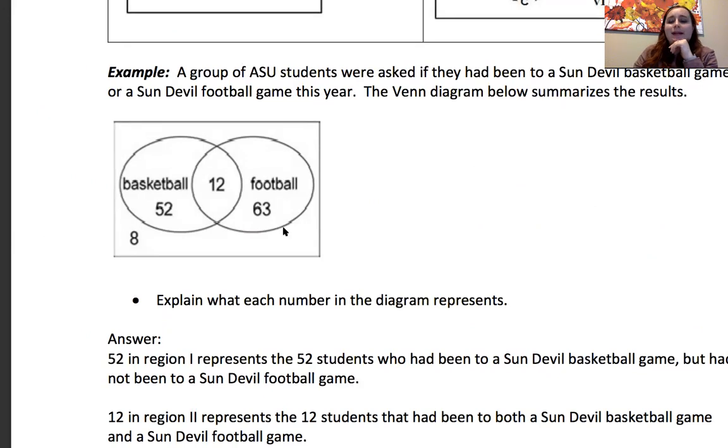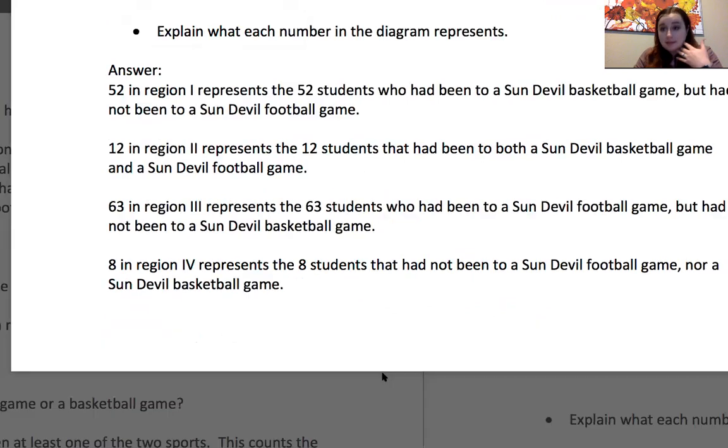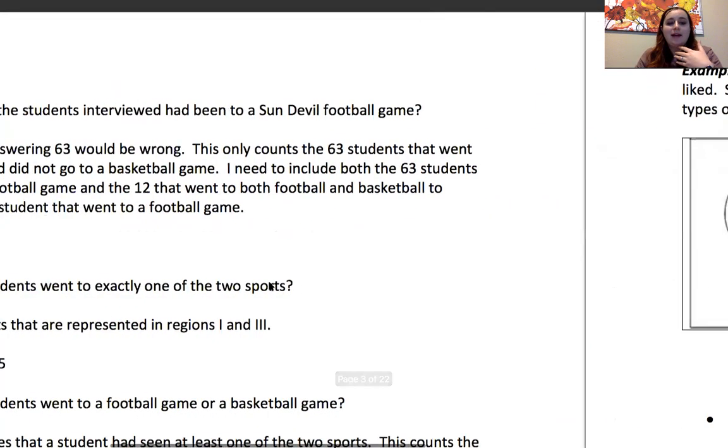And the 52 and 63 did do that. They went to one sporting event and not the other. So you'd actually add 63 and 52. That'd be what? 115? So that's how many people only went to one. So this is what you have to do: look through all your options and see what the question is actually asking.